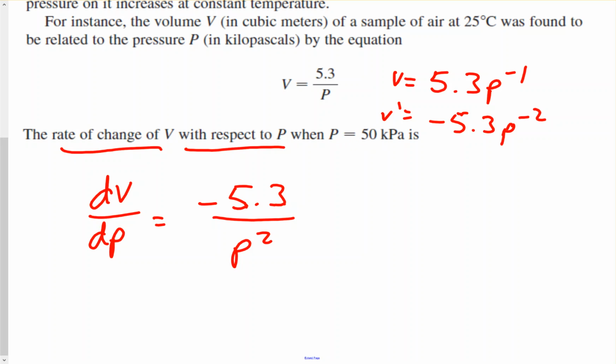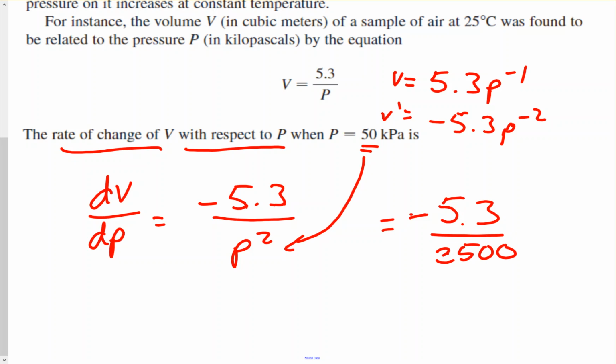Now they give us P is equal to 50 kilopascals, so plug in the 50 into our P. So negative 5.3 over 2500, which will equal about negative 0.00212 meters cubed per kilopascal.